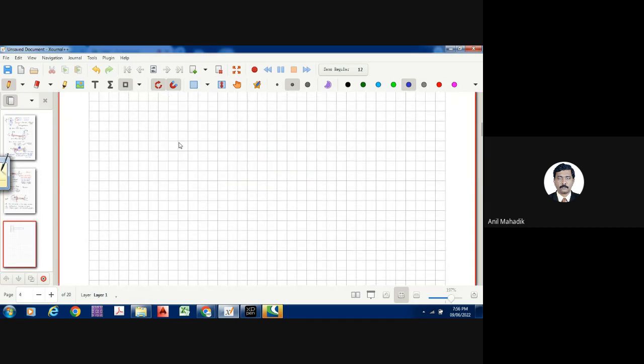Cantilever का example मैं देता हूँ एक थोड़ा अलग से. Just tell me whether it is possible or not. ऐसे cantilever मैं बना रहा हूँ.